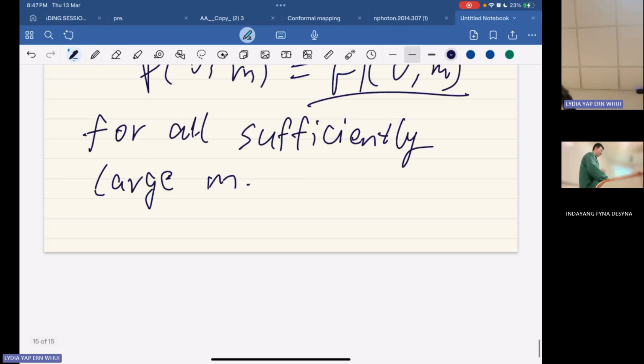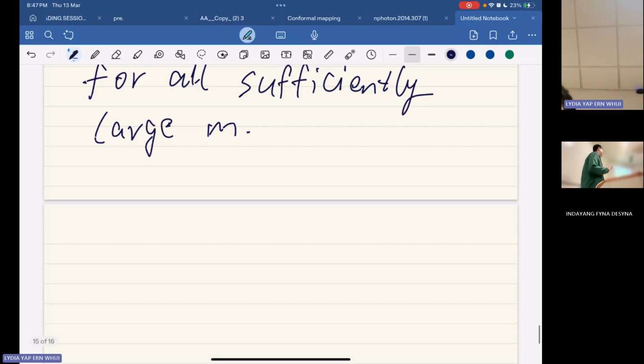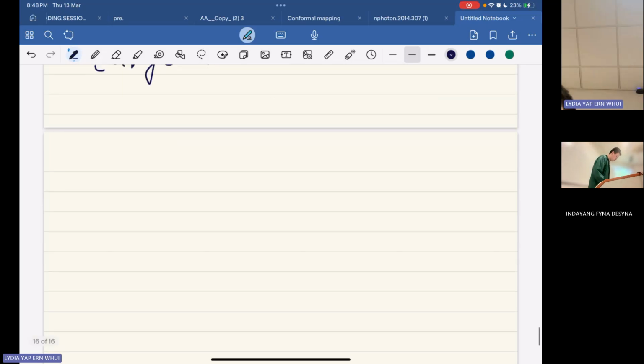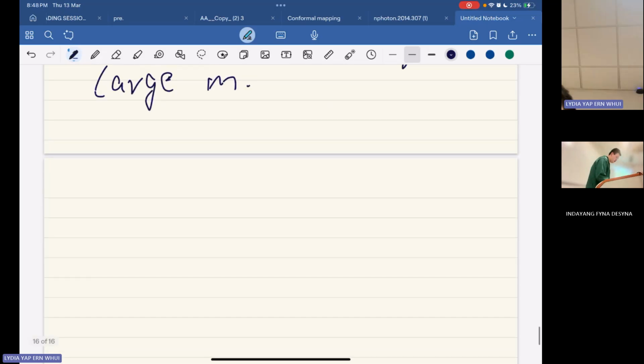Actually, I do not know how to make precise this sufficiently large m here, but you can just understand that if m goes to very big numbers, eventually this function will become a polynomial. And moreover, its degree will equal the dimension of the variety, right?